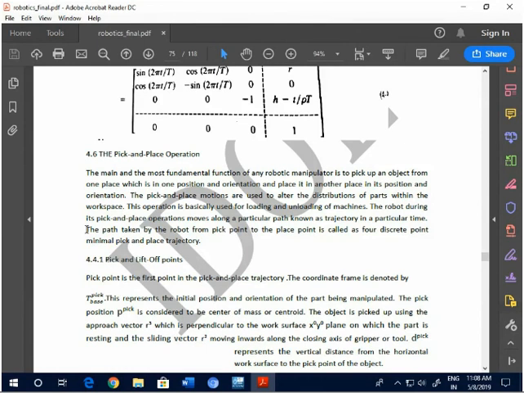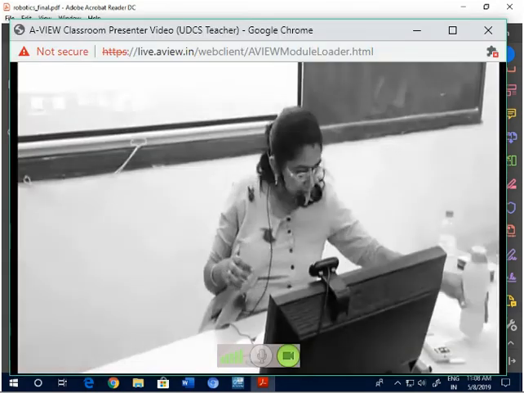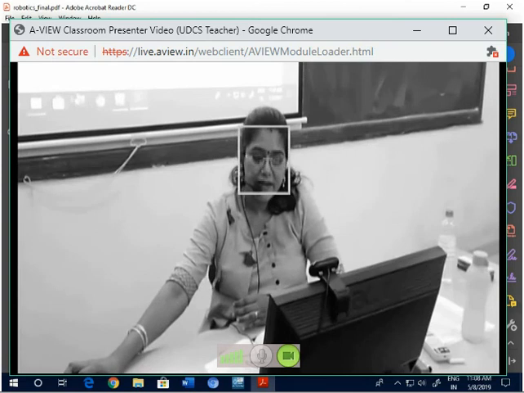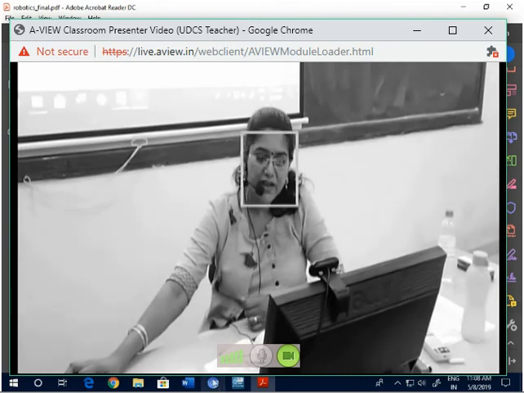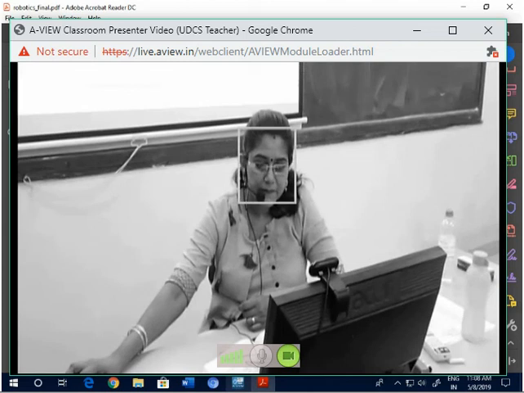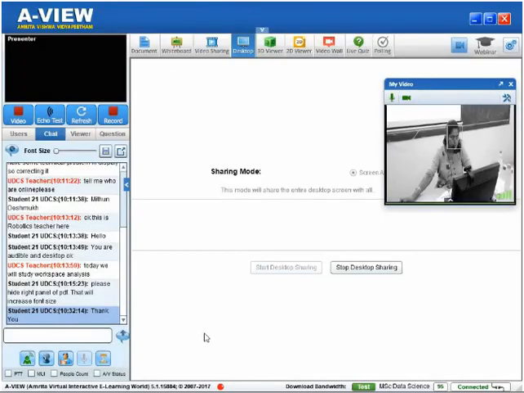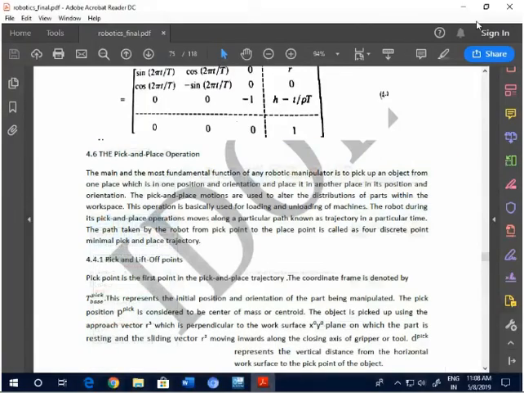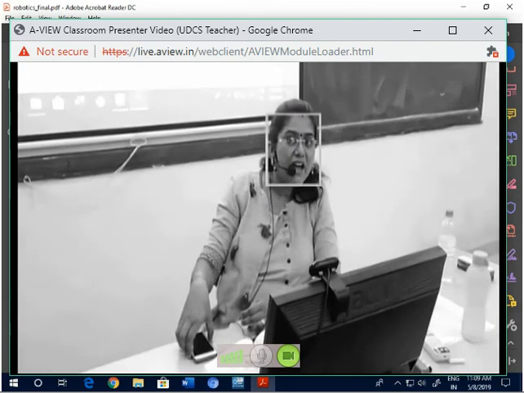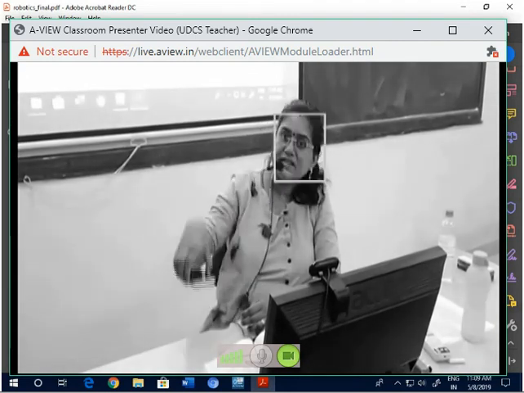This represents the initial position and orientation of the part being manipulated. So, for example, suppose this is the object placed out here. When I pick it, I'll have to place it somewhere else.